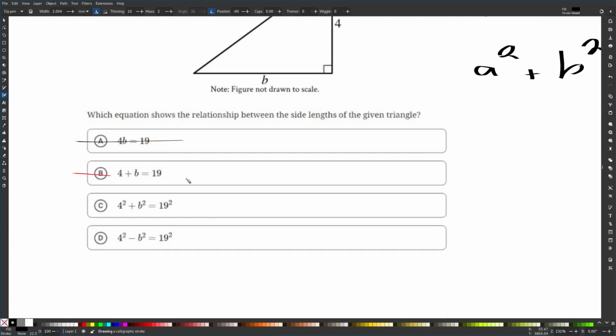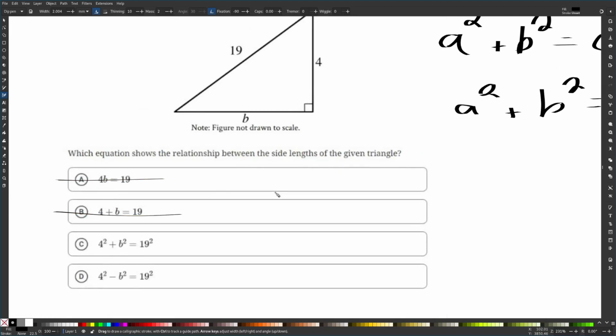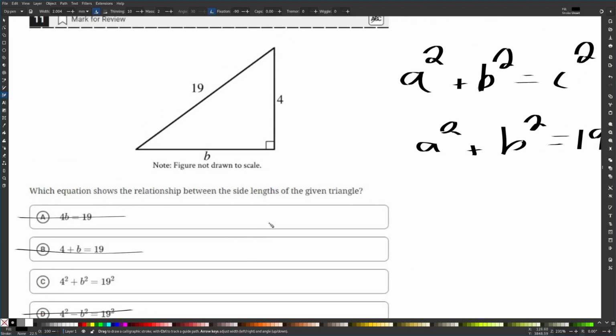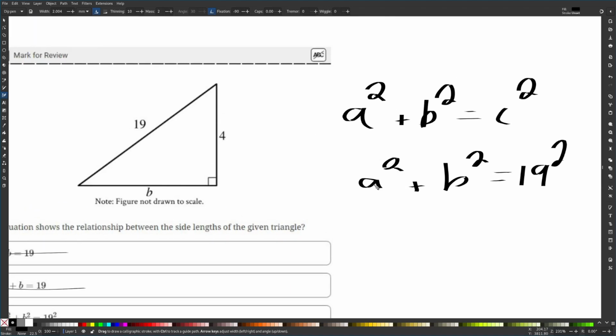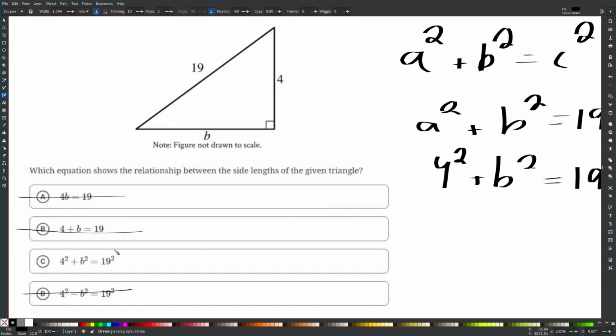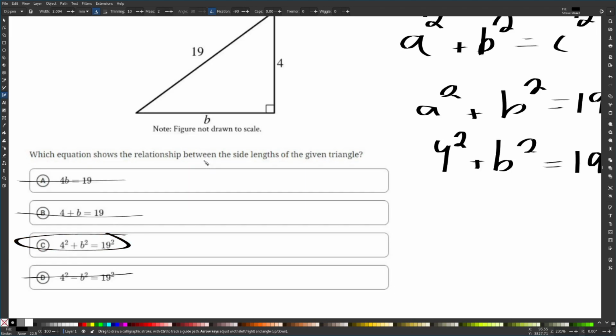This one doesn't, this one doesn't. And we can immediately cross out this one as well, since it has a minus sign and not a plus. Here, we know that either a or b can be 4. So 4 squared plus b squared is equal to 19 squared. So that means this is our answer choice. Next one.